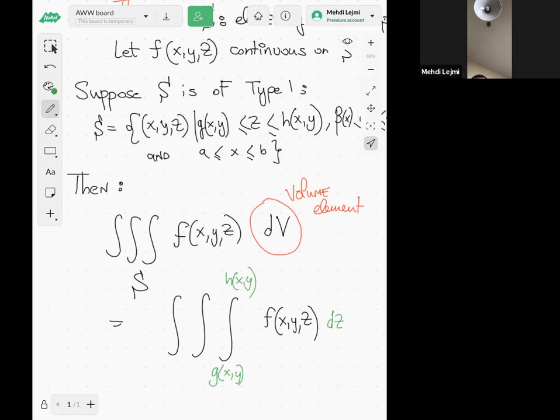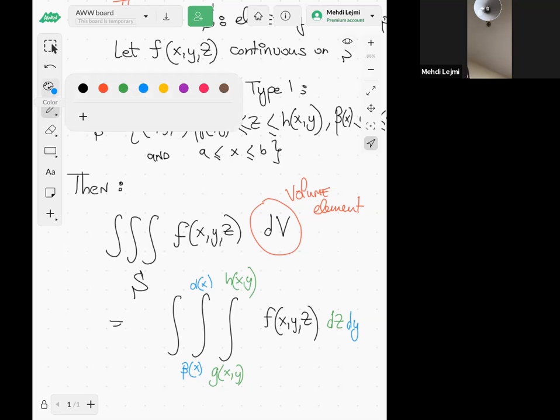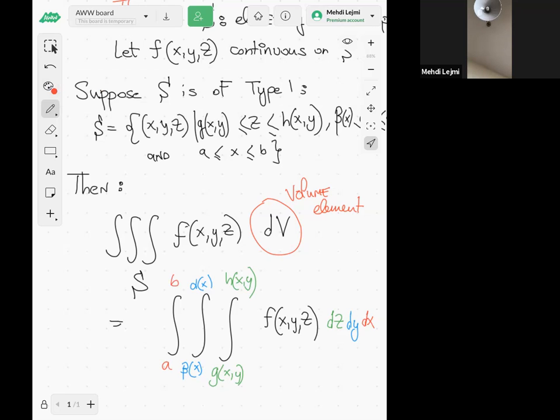Then y is between two functions of x, so we integrate with respect to y, dy, between beta x and alpha x. Because x is between two constants, the last integral is with respect to x. Whatever variable is between two constants will be the last integral.